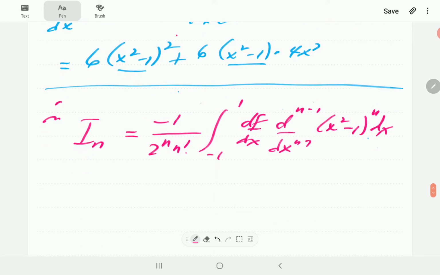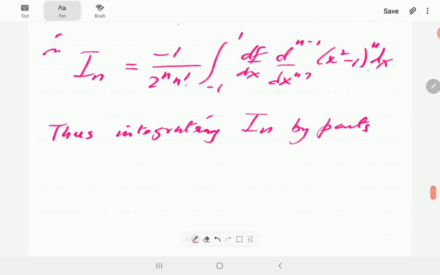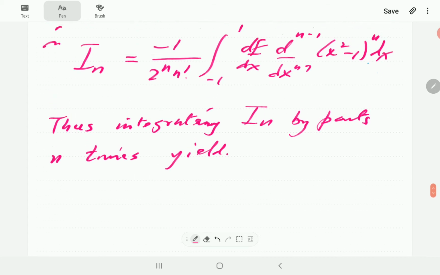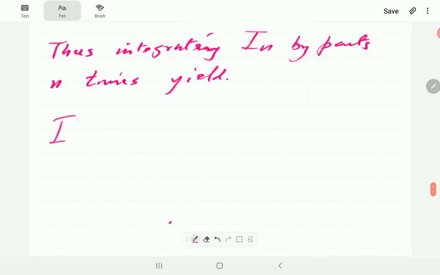Now, what this means is that if we integrate I_n by parts n times, we are going to get the following. You're going to notice that each time we integrate by parts, the order of differentiation goes down by 1 for f, but for this one it goes up by 1. So after n times it's going to be the nth order derivative of f, and this one is just going to be (x squared minus 1) to the power n. So this is what I_n is going to look like.